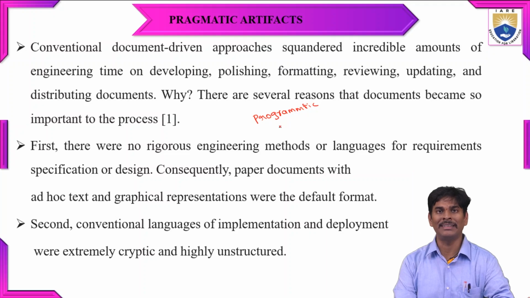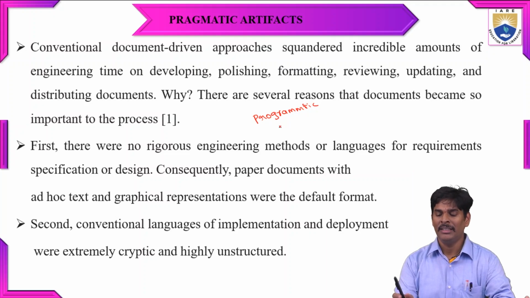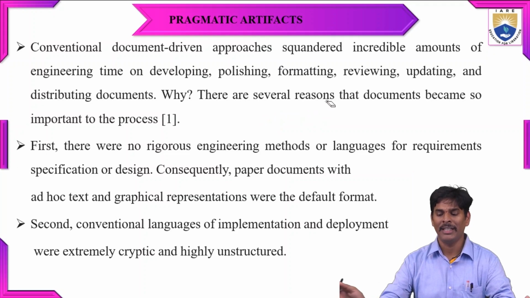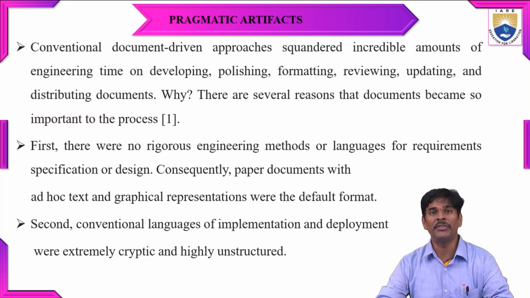That we can call the pragmatic artigraph. Mainly, the pragmatic artigraph consists of documentation. With the help of the documentation only, this pragmatic artigraph has to be scrutinized in each and every process or phase. Now we'll see how these pragmatic artigraphs will be implemented in organizations.